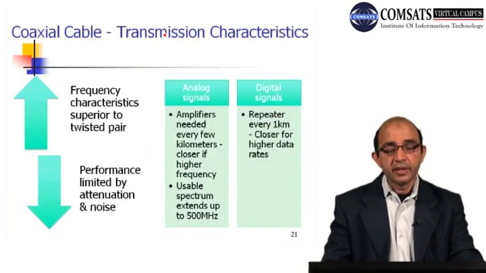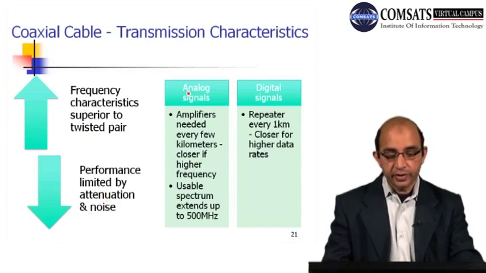Okay, so these are the transmission characteristics of coaxial cable, right? It is more superior as compared to twisted pair. It supports much higher frequency as compared to the twisted pair. If we talk about the performance, the only limitation or bottleneck is the attenuation and the noise, right?